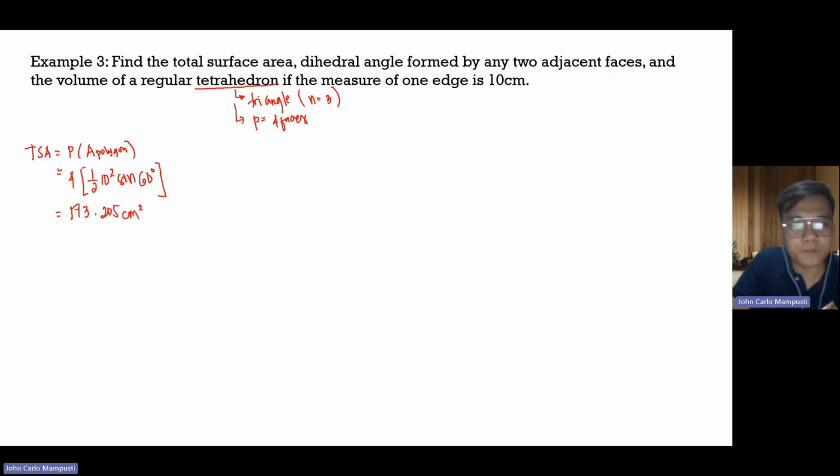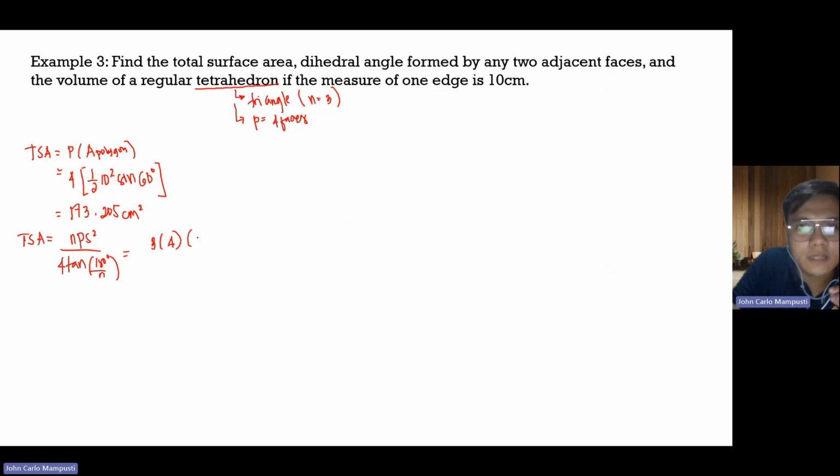Okay, ano yung unit natin? Per centimeter. Or kung hindi naman kayo sure, let's say sobrang sipag nyo, memorize yung formula, edi gamitin natin yung formula. TSA equal to NPS squared over 4 tangent 180 degrees over N. So, N here is equal to 3 times number of faces 4.